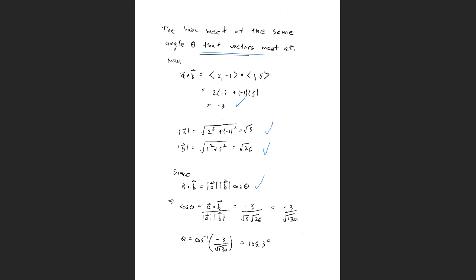Okay, and so the cosine of theta will be -3 over root 130. Let me give you a moment to catch up here.